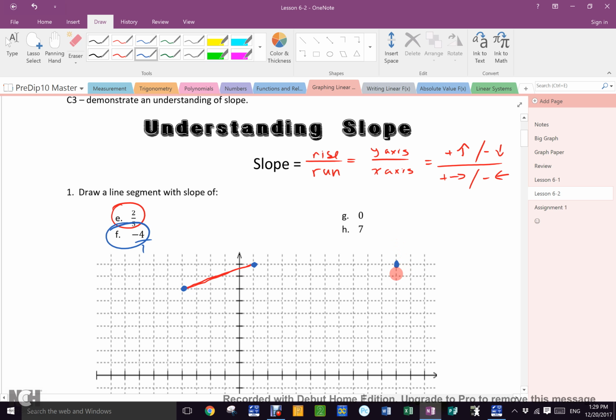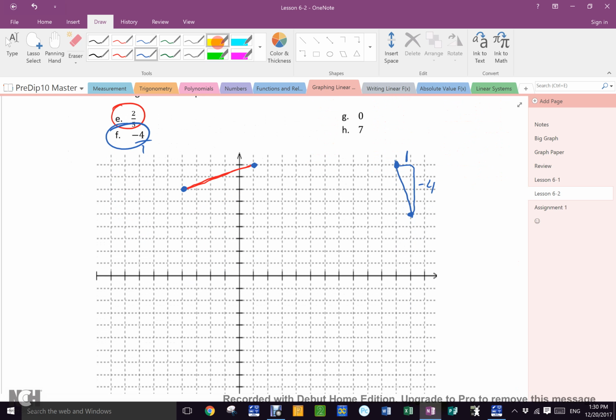No. So I go down 1, 2, 3, 4. And which direction? Right. So when I make this triangle, I have a negative 4 rise and a positive 1 run. Everybody good? Everybody great. You guys are very smart young people.